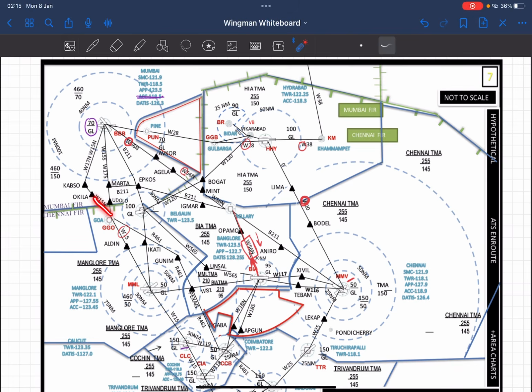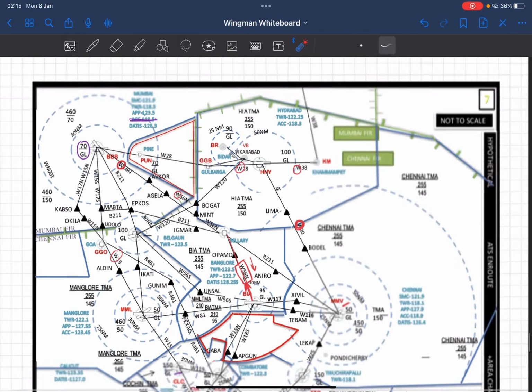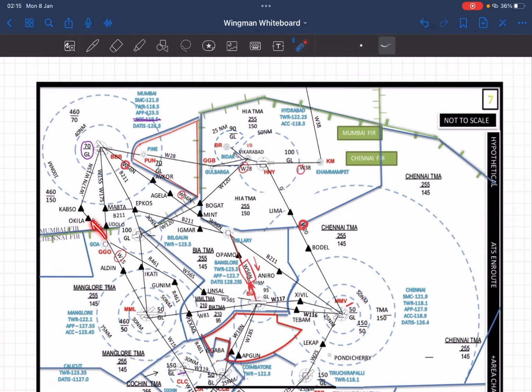This is a one-way route, a unidirectional route, meaning we can only use it if we are going towards the north. So we can use this route. From Golf, Golf, Oscar we can go to Okila. From there we can go to Kapso, and from there we can take Whiskey 17 North or Whiskey 15 North, whatever, to reach Bravo, Bravo, Bravo.